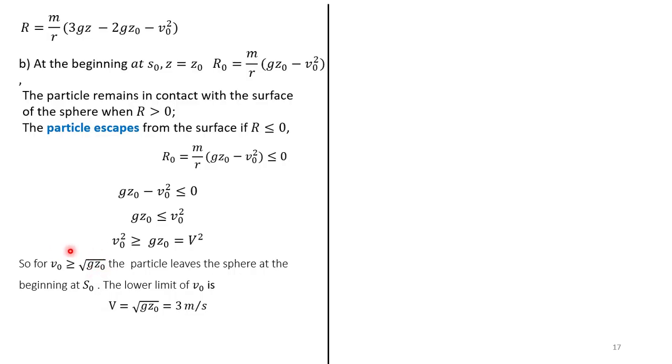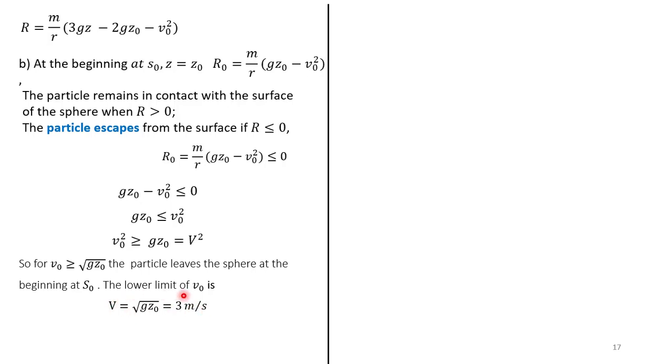So this was in the question. In the question, they told us to find V, where v0 is greater than V. So we found that v0 is greater than or equal to this quantity. So this quantity should be equal to V. And finally, we can find the numerical value of V. So the numerical value of V, the radical of gz0, is equal to 3 meters per second.